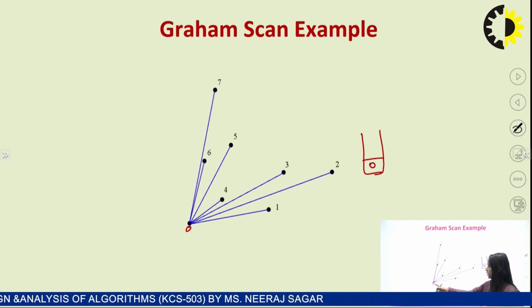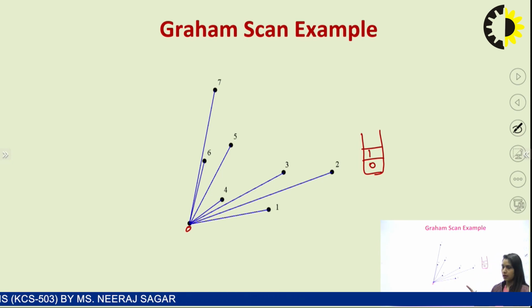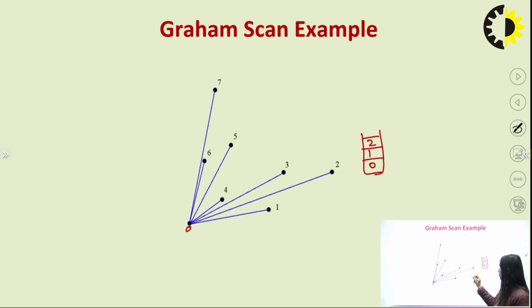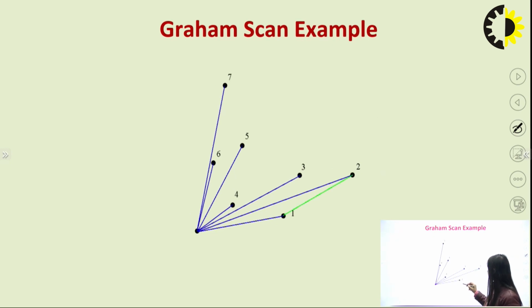I push P0 as written in the algo. Next is point 1, and then next is 2. We have to enter these 3 points into the stack. What is for the next point? See, in the stack now we have 0, 1, 2, right? 0, 1.